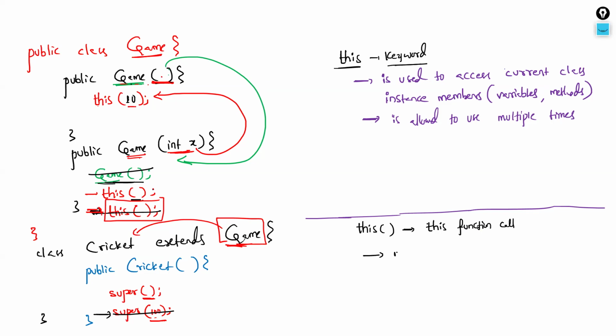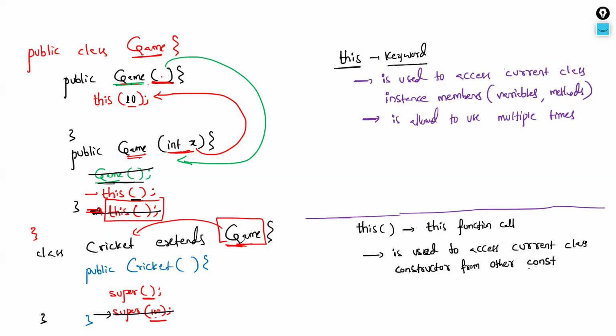This function call is used to access the current class constructor from another constructor only.